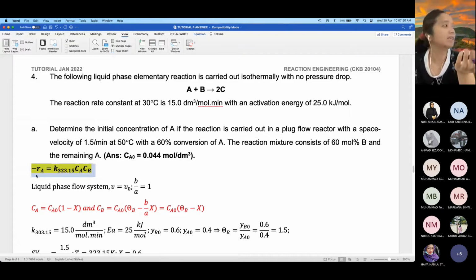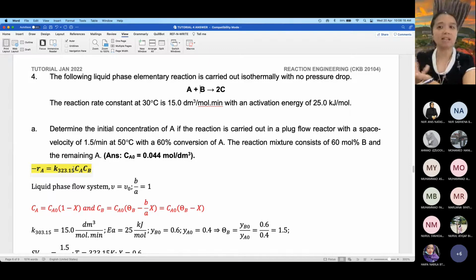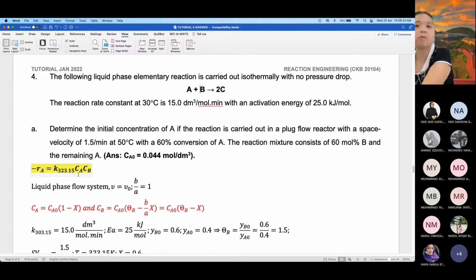So rate law dia minus RA equals to K CA CB, the two reactants A and B. Stoichiometric coefficient of A is 1, stoichiometric coefficient of B is also 1, meaning first order with respect to A, first order with respect to B. So, you know kalau power of 1 is still the same, right? 4 power of 1 is still 4, 10 power of 1 is still 10. Sebab tu you can still write it as K CA CB. Okay, so first kamu dah boleh tulis rate law.